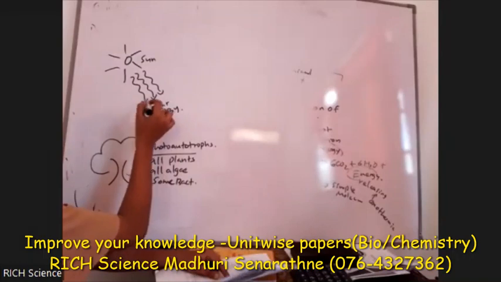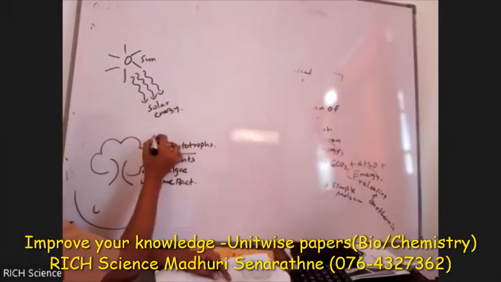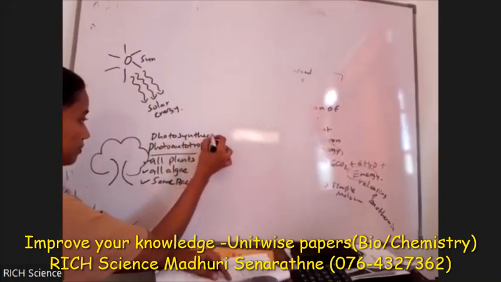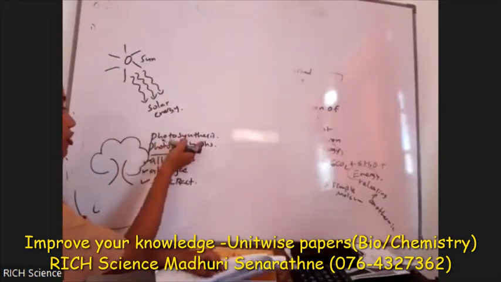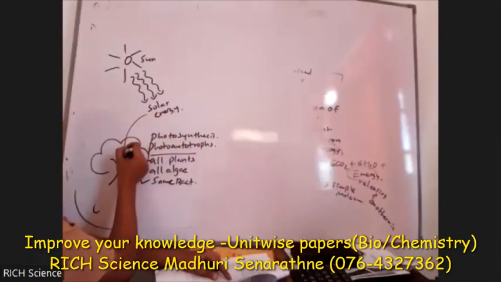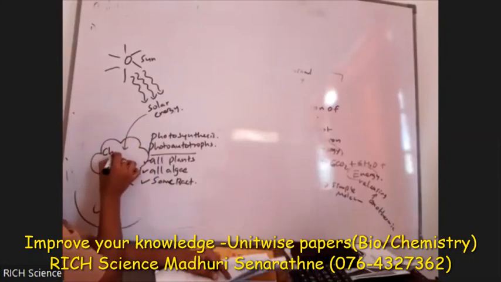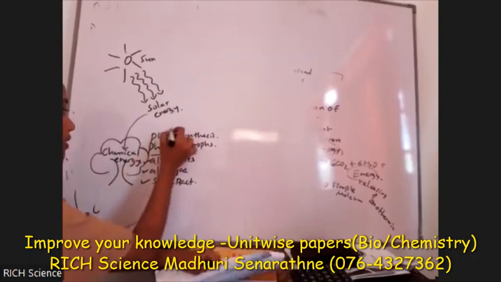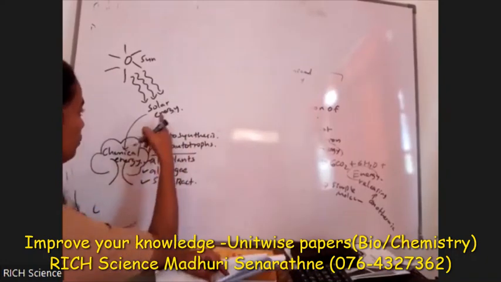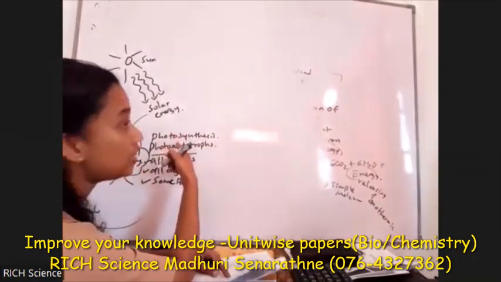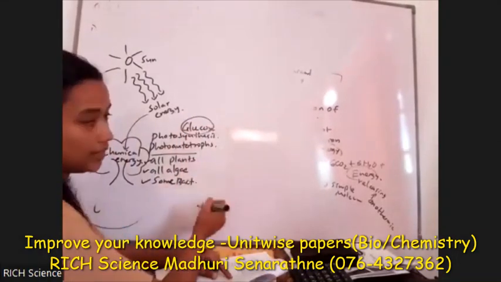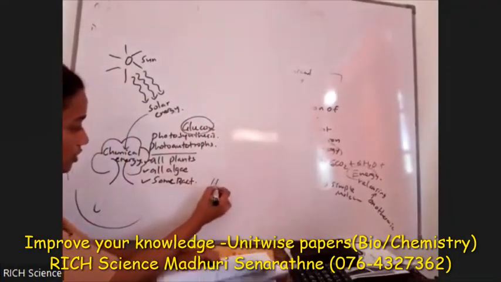Then here the photosynthesis is happening. In the photosynthesis process, solar energy becomes chemical energy. Okay. Solar energy is deposited in glucose as the chemical energy. Then herbivores.